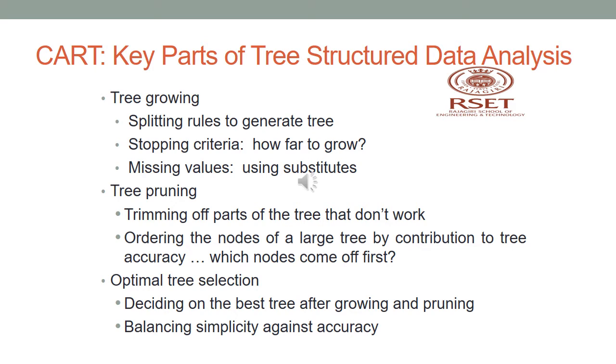Tree pruning means trimming parts of the tree that don't work, and ordering the nodes of a large tree by their contribution to tree accuracy, which determines which nodes come off first. Finally, optimal tree selection means deciding on the best tree after growing and pruning, balancing simplicity against accuracy.